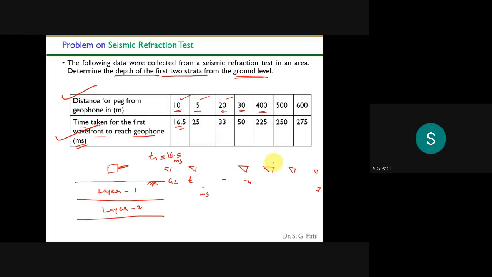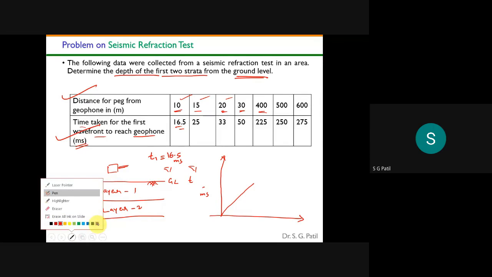Let me erase this. Then I will draw one more figure here. If you have two layers, then this is the first straight line, and this is the second straight line. If you have three layers, then you will get one more straight line.